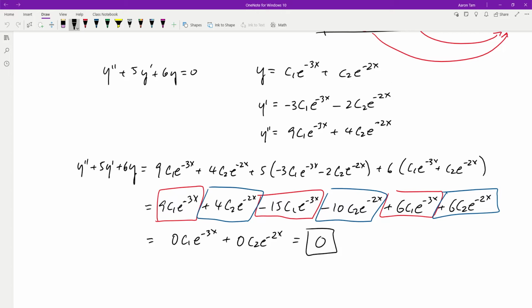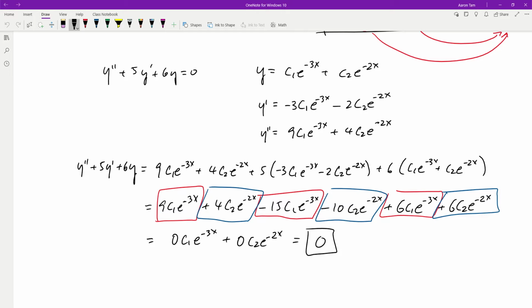For a second order differential equation, the solution set is a subspace of dimension 2. To generate every single element within a subspace, all I really need is a basis, which I can then use to form every single element inside.